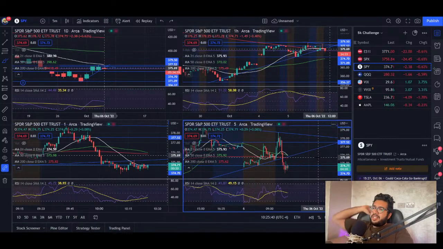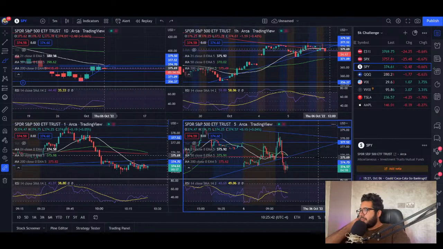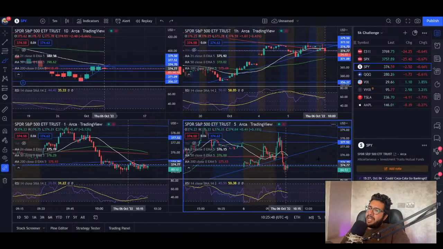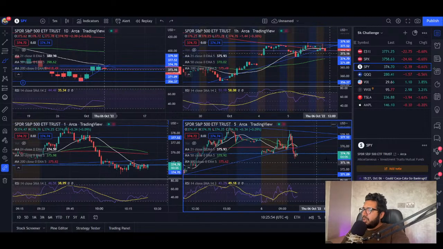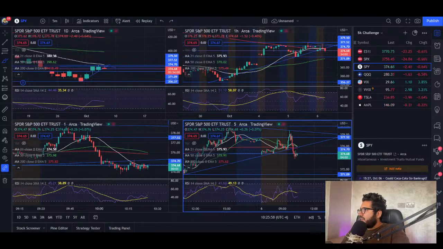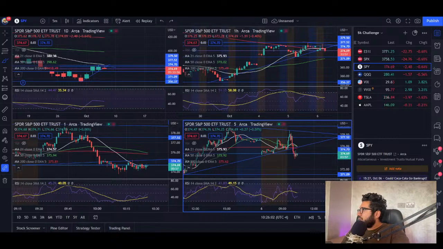Okay, we still have 5 more minutes for the stream. We're still waiting to see what happens here. If the bear flag plays out, or if it fails and breaks and goes up, we'll see. Nothing definitive yet.